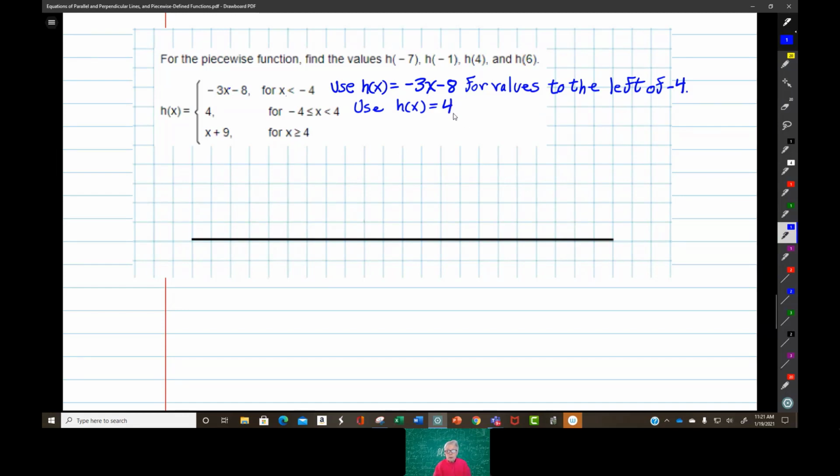Use h of x equals 4 for values between -4 and 4. And for x equals -4.